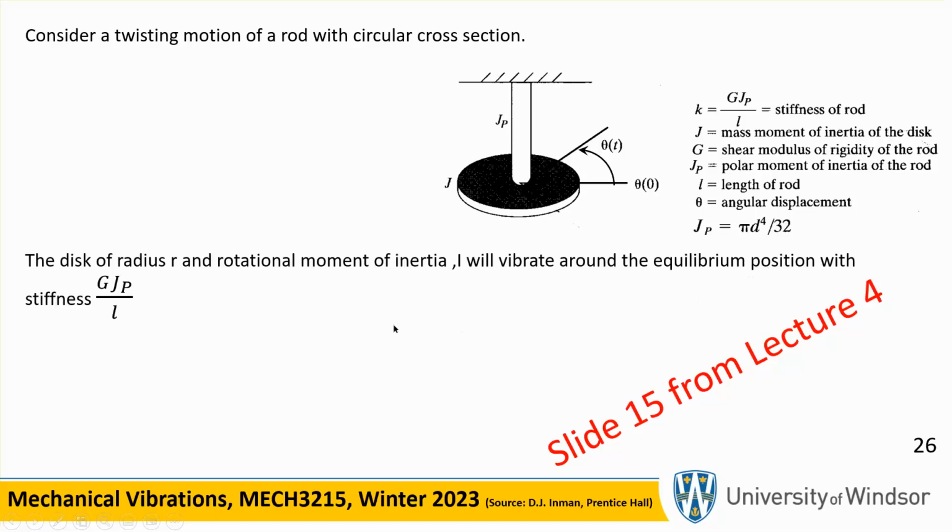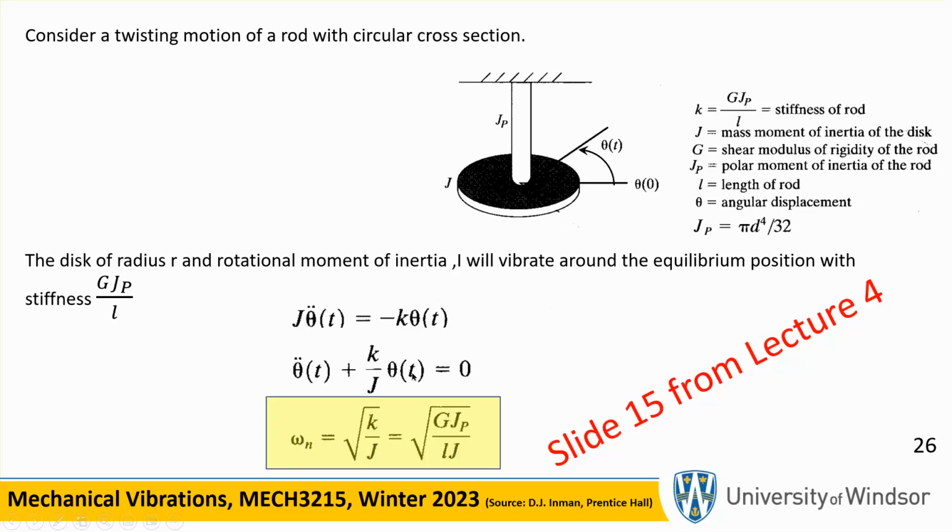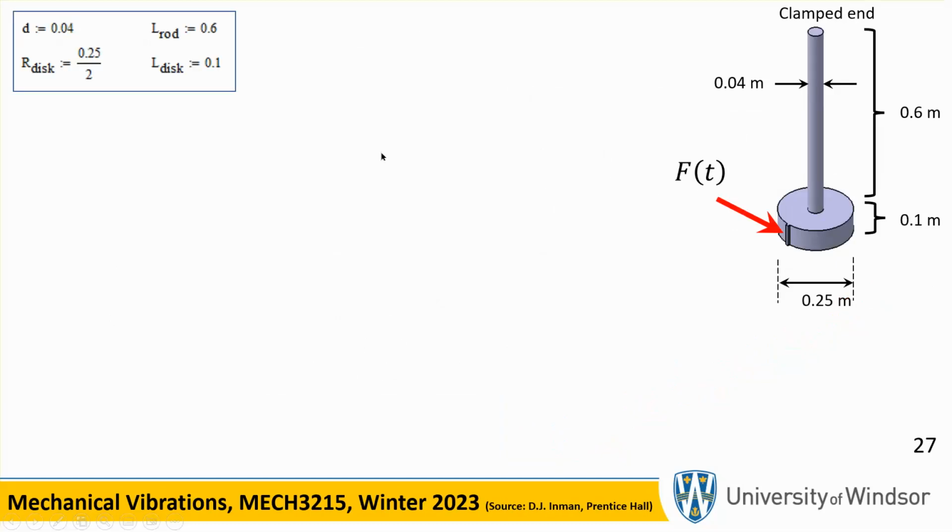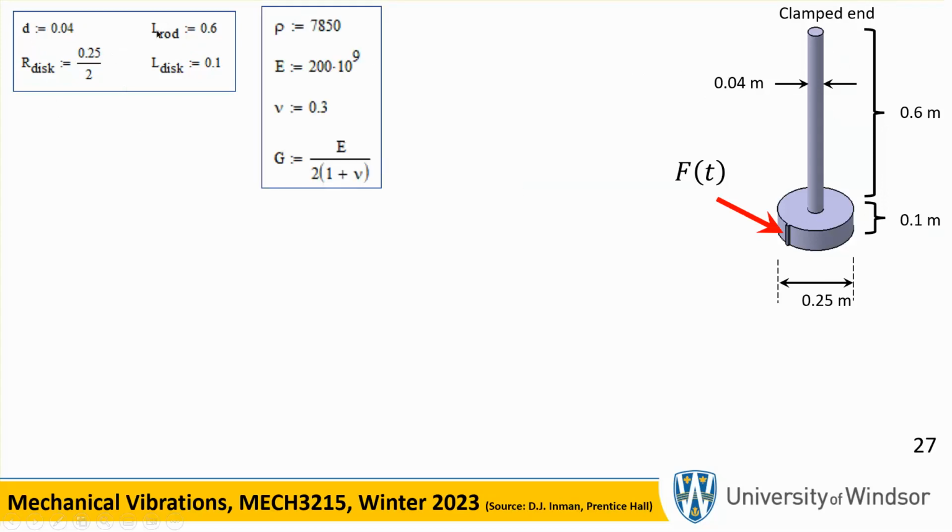Okay, so here's the mother of all equations. This is all from slide 15, lecture 4. Now, what I've done is done a MathCAD calculation. All these things are geometrical effects: the diameter of the shaft, the radius of the disc, the length of the shaft, and the height of the disc, because these we need for finding masses and things like that.